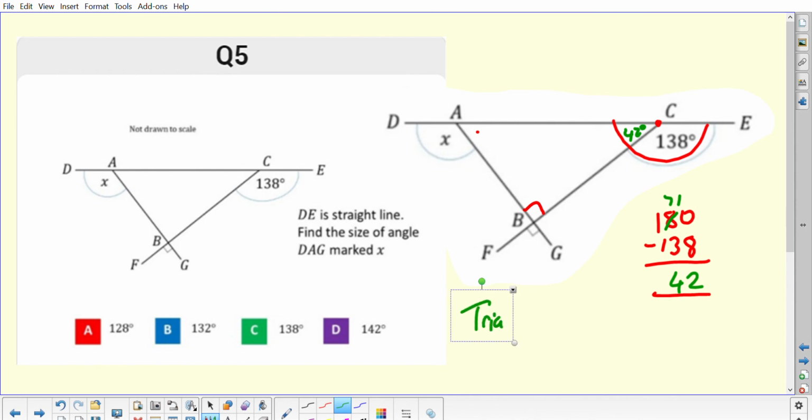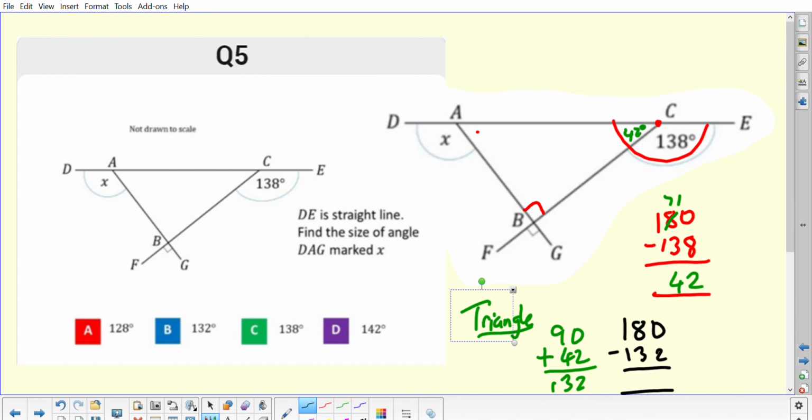So looking at our triangle, we've then got an angle of 90 and we've just worked out the 42. So if we add them together, we of course get 132. And if you then take that away from 180, then you will be able to work out the missing angle inside the triangle, which is not the one you're looking for, but will be helpful.